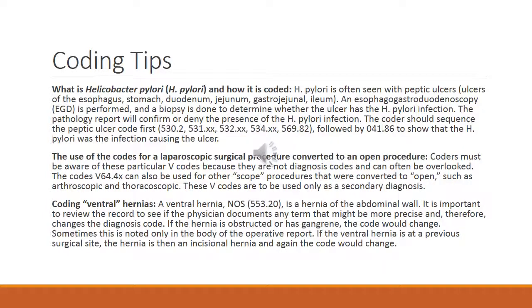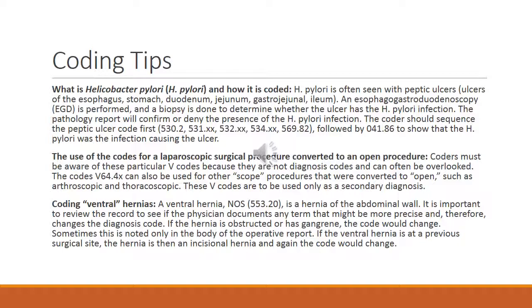Okay, what is Helicobacter pylori, or H. pylori, and how is it coded? H. pylori is often seen with peptic ulcers, which are ulcers of the esophagus, stomach, duodenum, jejunum, gastrojejunal, and the ileum. An esophageal gastroduodenoscopy, or EGD, is performed and a biopsy is done to determine whether the ulcer has the H. pylori infection.